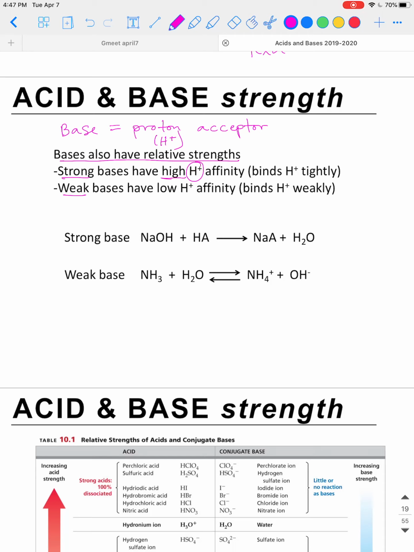Okay, if you look at these two reactions down here, the strong base example that's given is sodium hydroxide. Remember, anything with OH minus is a very strong base, so any ionic compound that has hydroxide in it is a strong base.